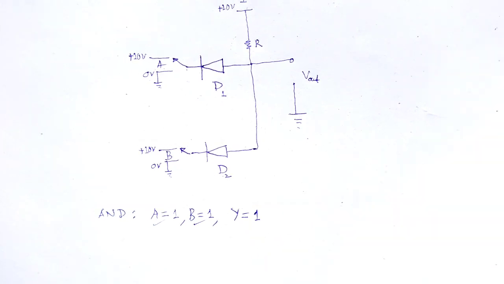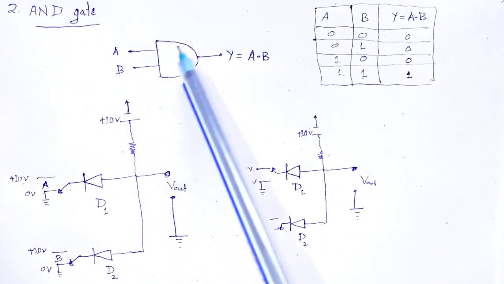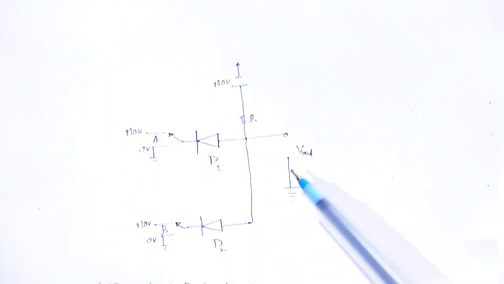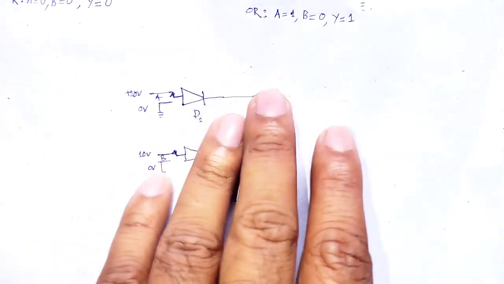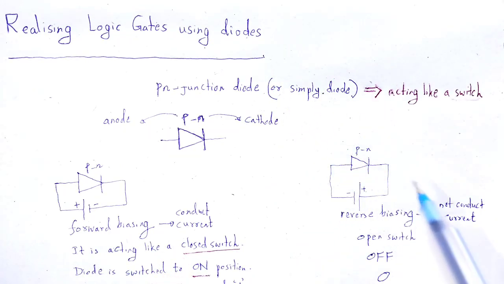In this way, AND gate is realized by using diodes. So, with the help of this video lecture, we understand realizing logic gates using diodes.